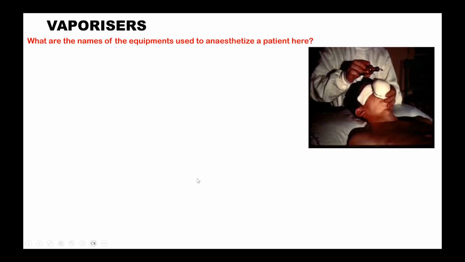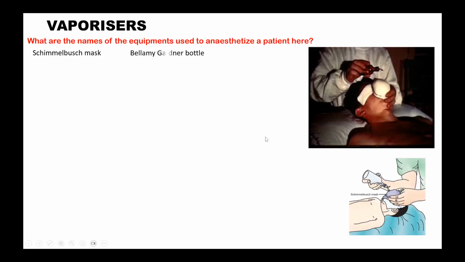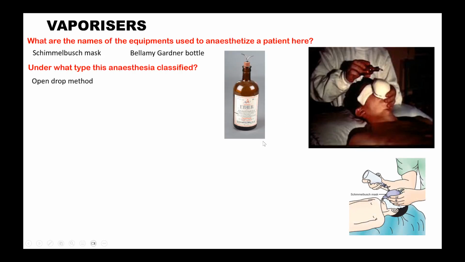This I've already shown you. What is being done here? It's the open drop method of giving anesthesia using Schimmelbusch mask and Bellamy Gardner bottle. Okay. So I will go through this rapidly.